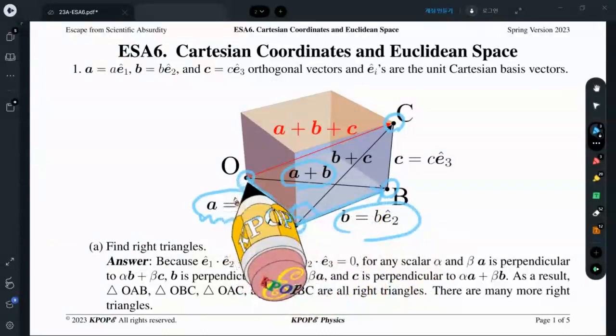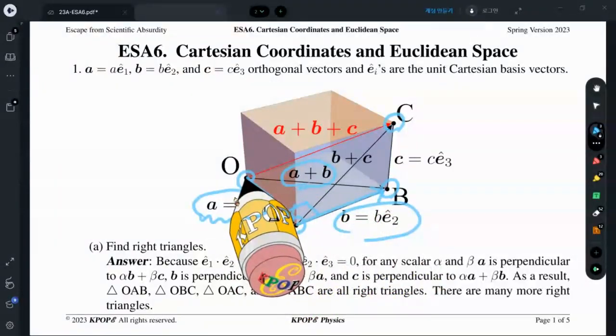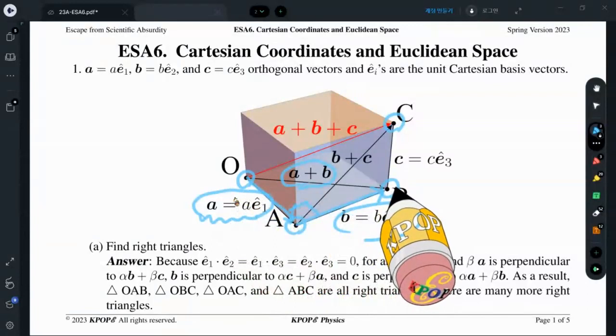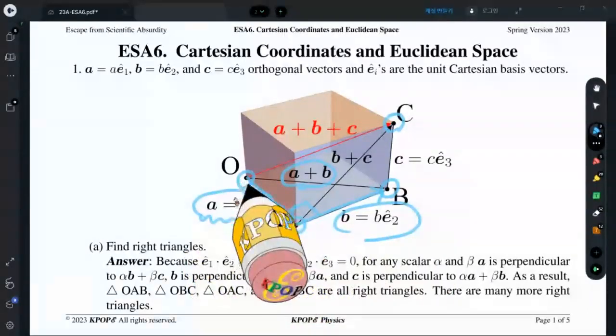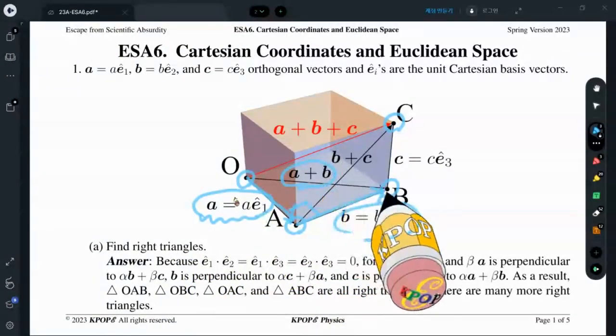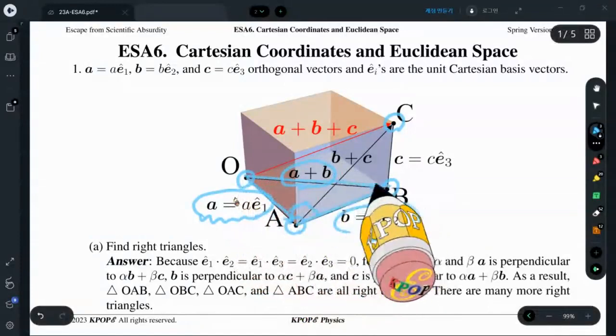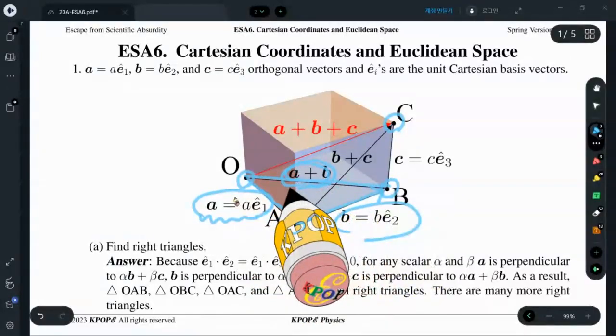That means in a rectangle, the diagonal connecting O and B is a single diagonal. So we have A plus B is the same as B plus A. We have a uniquely defined diagonal, satisfying the commutative law.